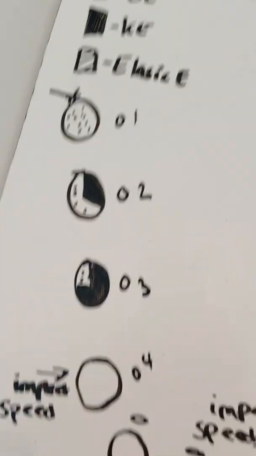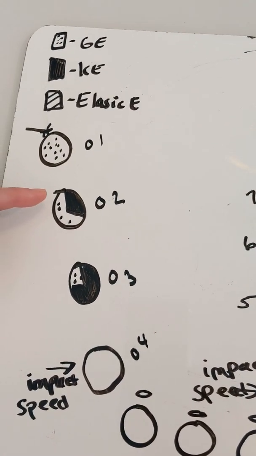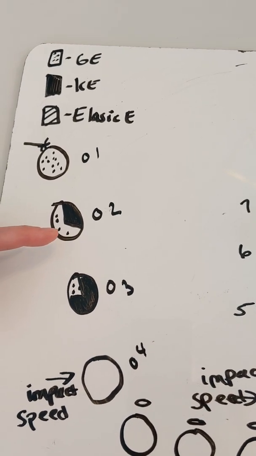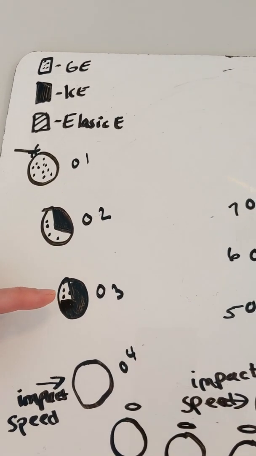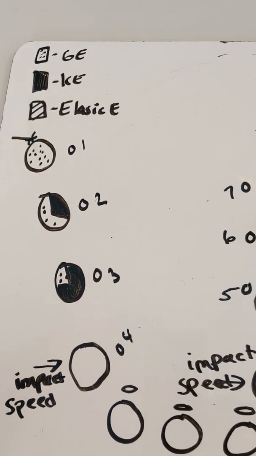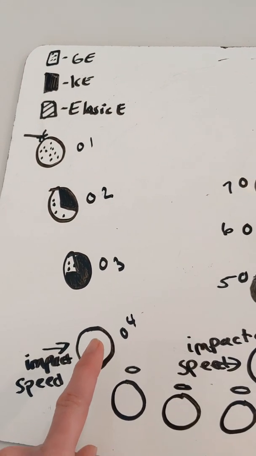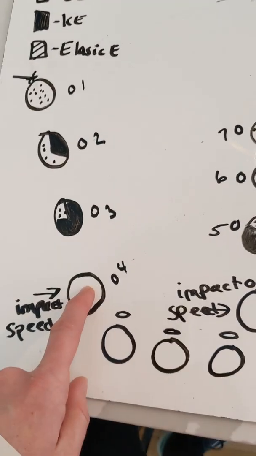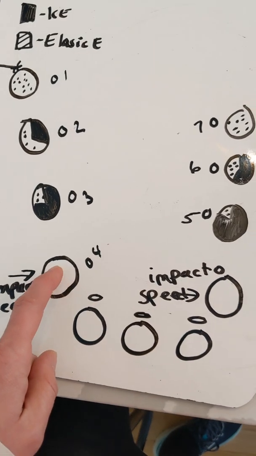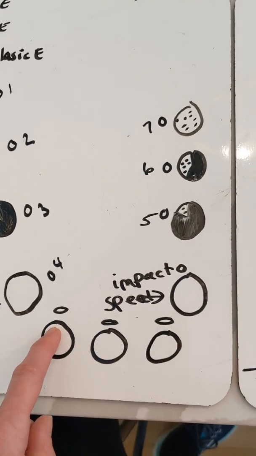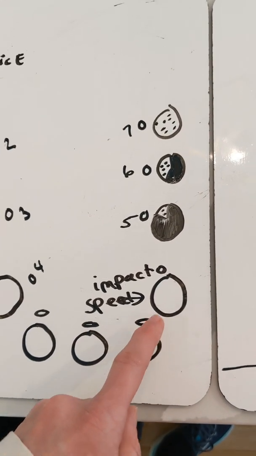So the second one along the way, it's gaining kinetic energy, gaining even more kinetic energy, really decreasing in gravitational energy. And then 4, we have that split second before the ball reaches the ground, so impact speed. Actually this is 4.1, 4.2, 4.3, 4.4, and then 4.5.